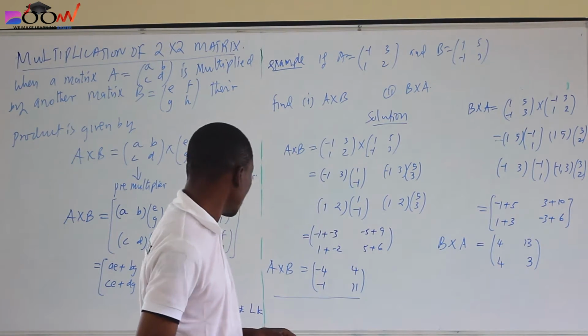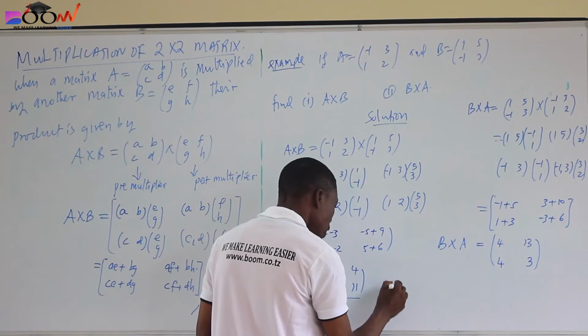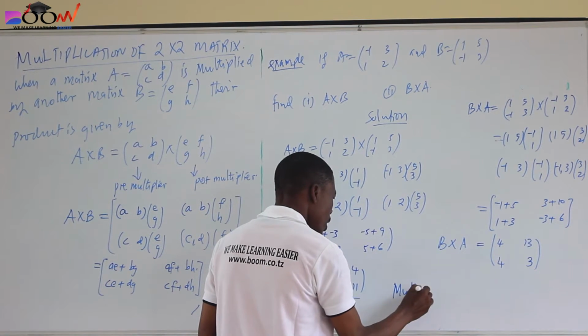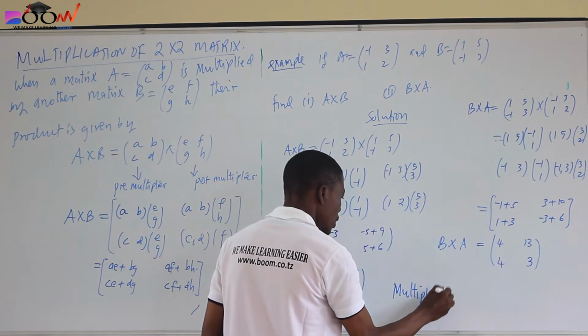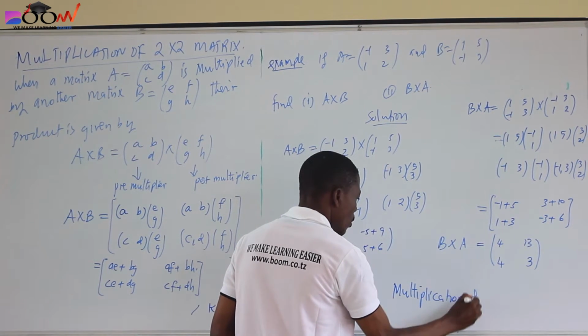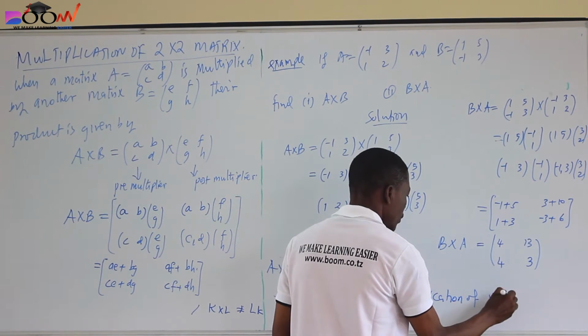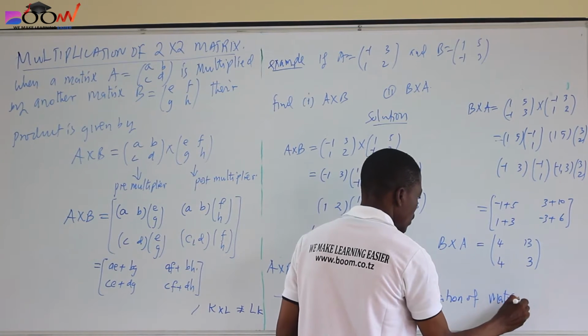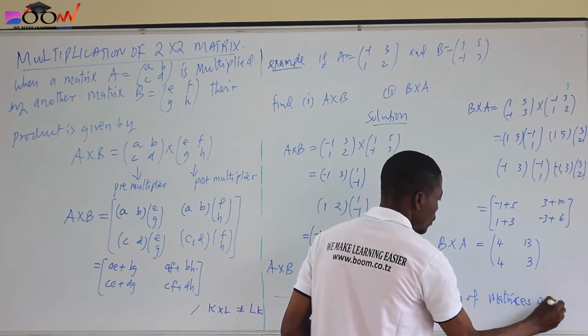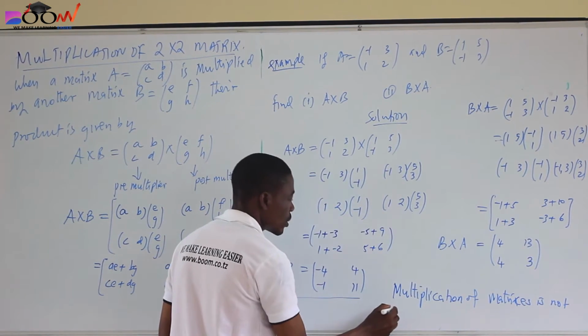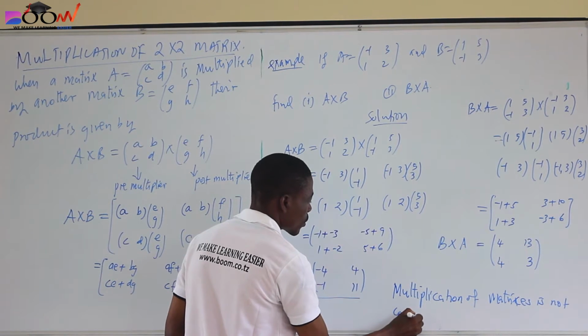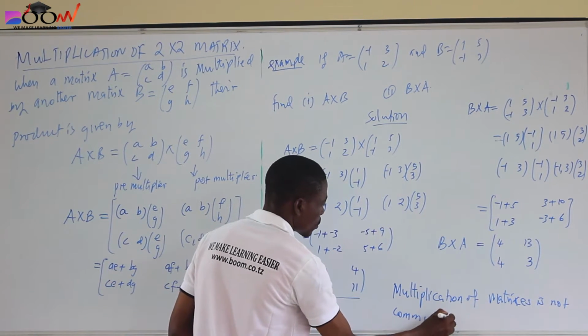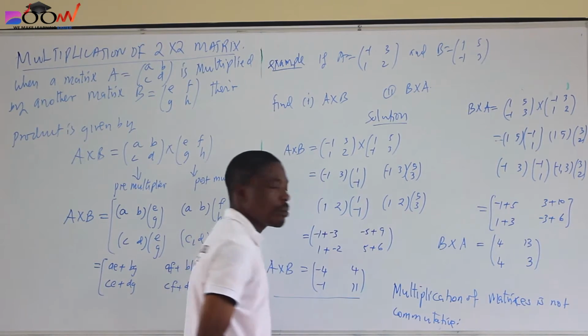So in that case, we say that multiplication of matrices is not commutative. What do we mean?